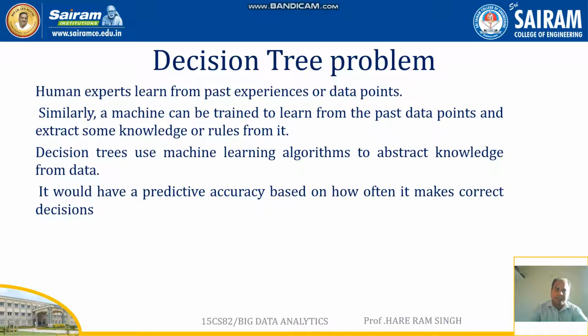Human experts learn from past experiences or data points. As humans, we get ideas and knowledge from our past experiences and past data. Similarly, a machine can be trained to learn from past data points and extract some knowledge or rules from them.